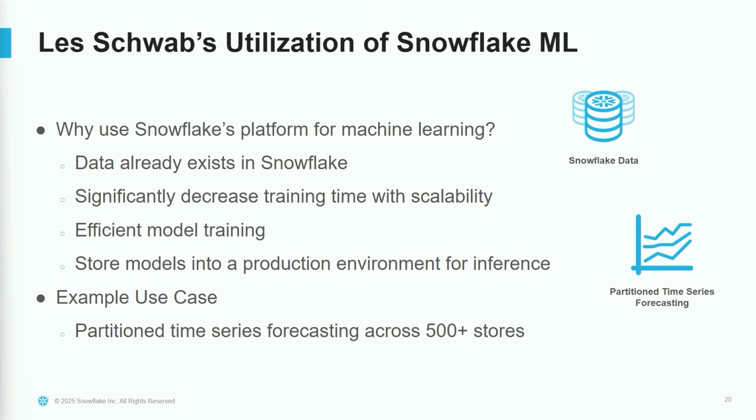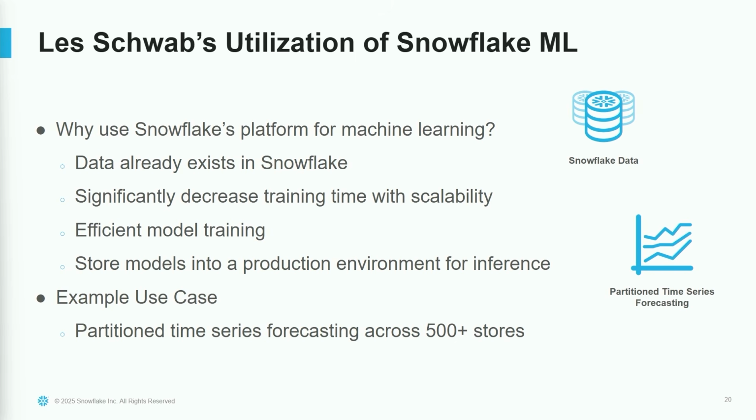Using their APIs and frameworks that they have in place, we can significantly decrease training time as well as train more efficiently without having to consider all the complexity of multi-GPU configurations. This is really important for us as we like to use very advanced models for our forecasting. For example, forecasting across 500 plus stores, we're playing around with sequence-to-sequence PyTorch neural network models.